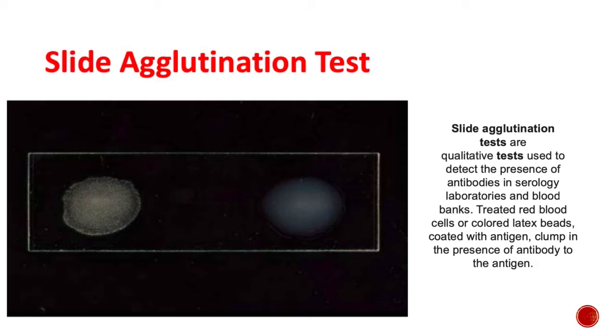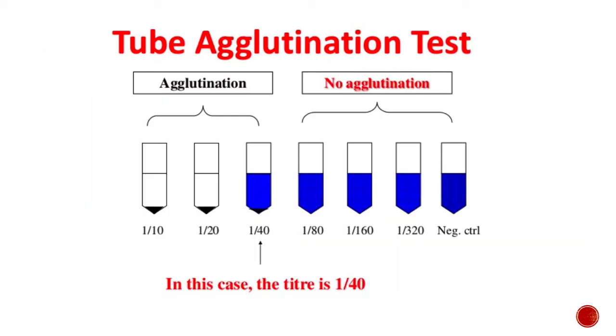So if the antibody clumps with the antigen, then only we get the positive result. In the tube agglutination test, the principle is the same, only instead of the slide, we do the test in the tube. Then it is called the tube agglutination test. If the antibody clumps with the antigen, then we get a positive result.